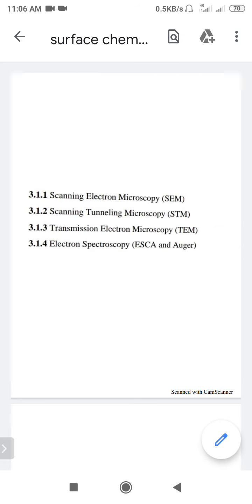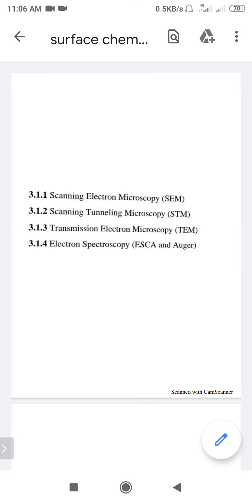In semester 2 we studied various types of surface characterization techniques, that is SEM, TEM, scanning tunneling microscopy, or scanning Auger electron microscopy. These techniques are basically useful for the characterization of surface.